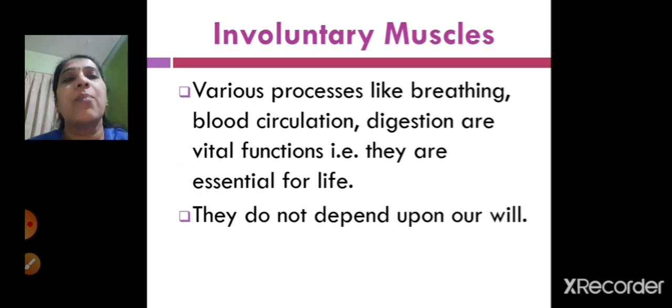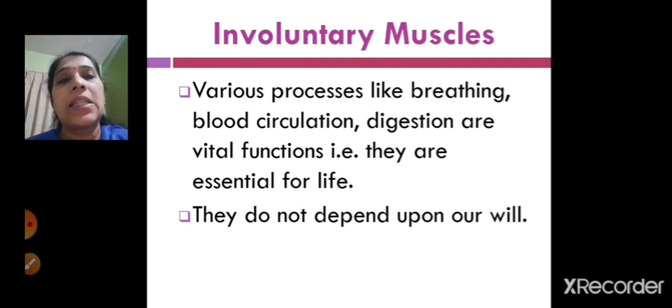So the second type of muscle is involuntary muscles, right? So what do involuntary muscles involve? As I told you, involuntary means it does not depend upon our permission, right? Various processes like breathing, blood circulation, digestion are vital functions, that is, they are essential for life, right?